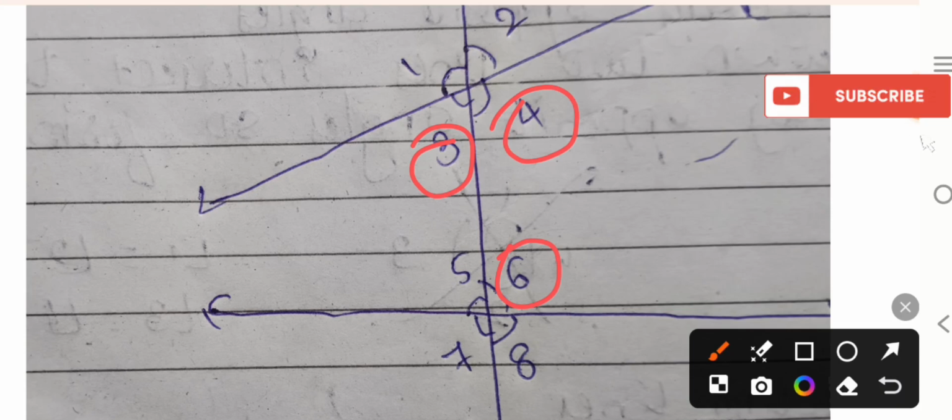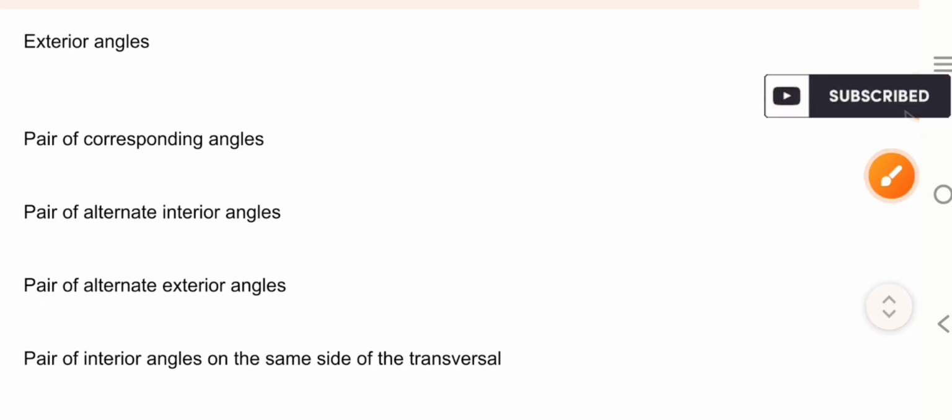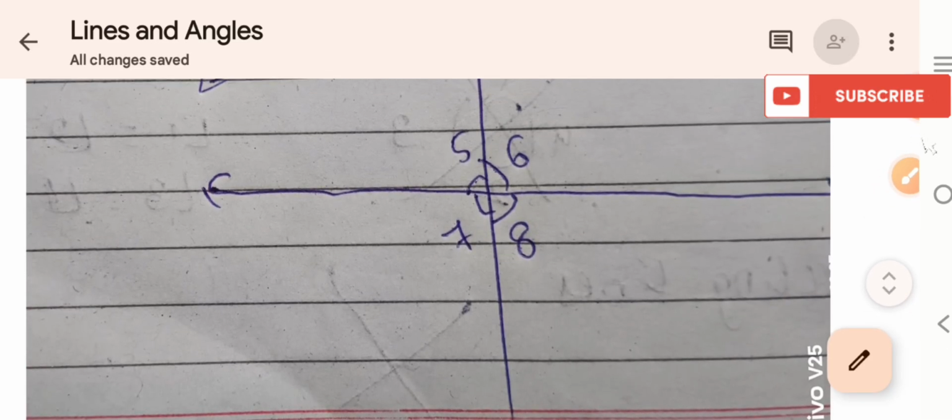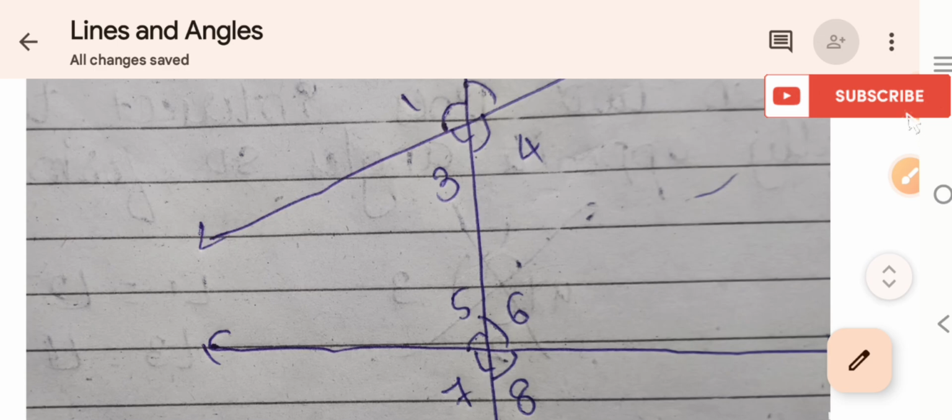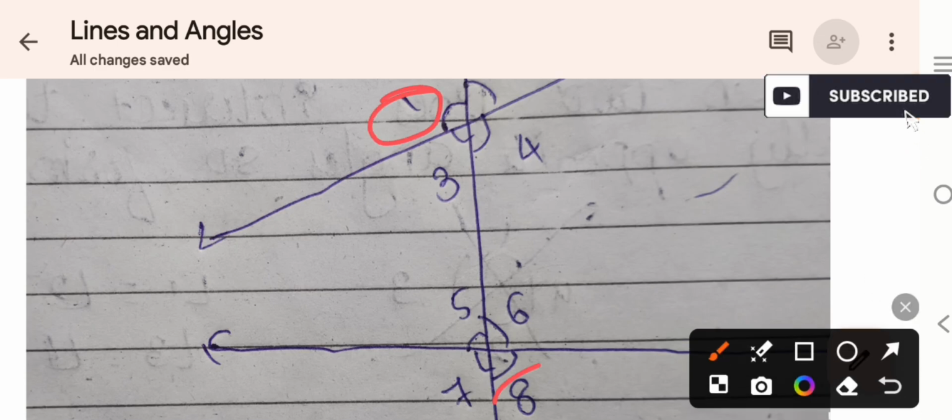Next one is pair of alternate exterior angles, which are 1 and 8, and 2 and 7. These are the pairs of alternate exterior angles.